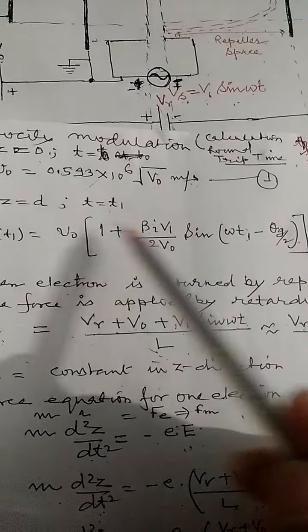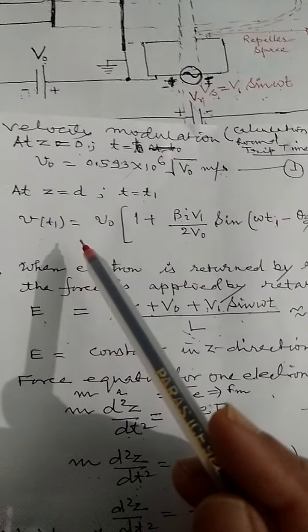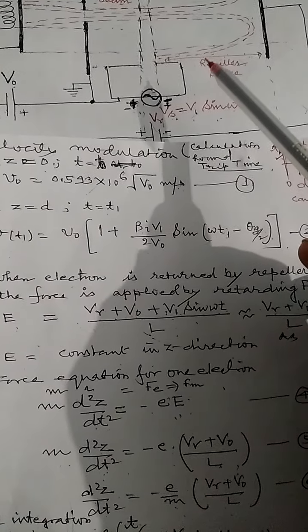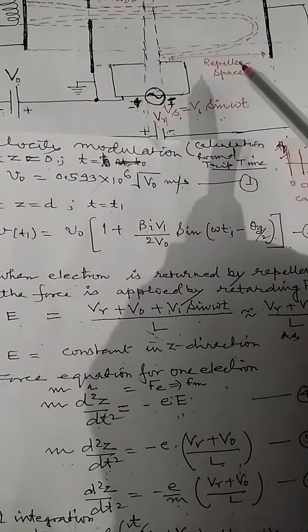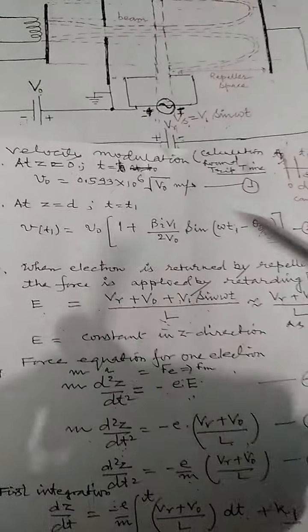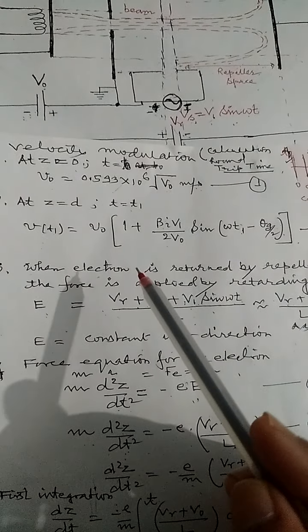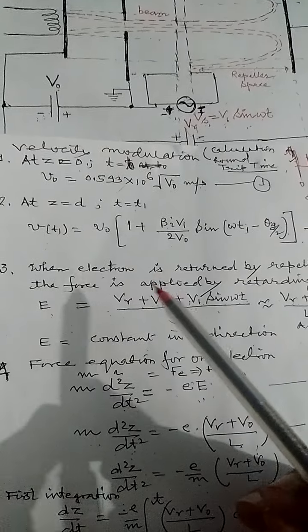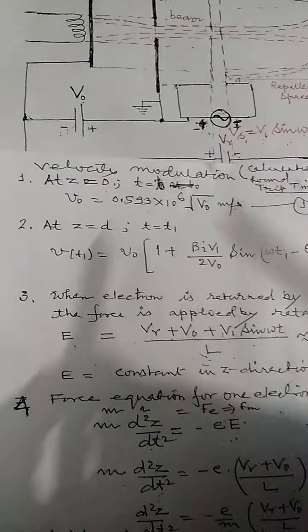This is the same expression we had in the two cavity klystron, but the change is when the electrons come in the repeller region. At that time they come under the force of retarding force or retarding field, they come under the retarding phase.